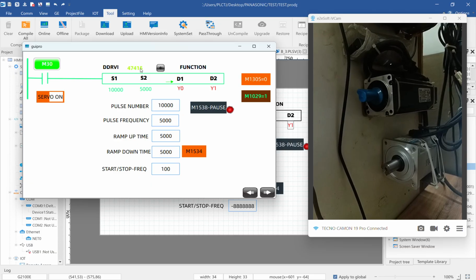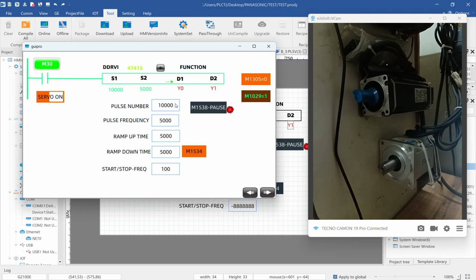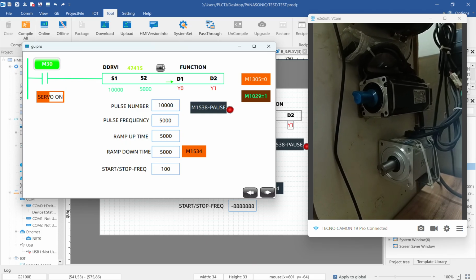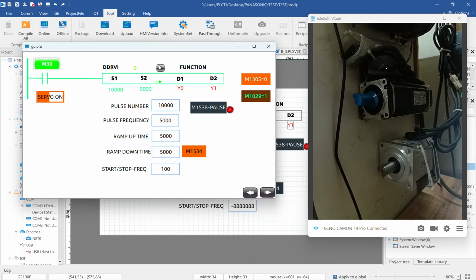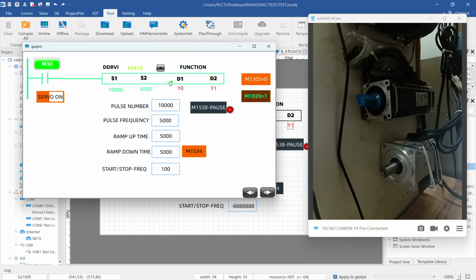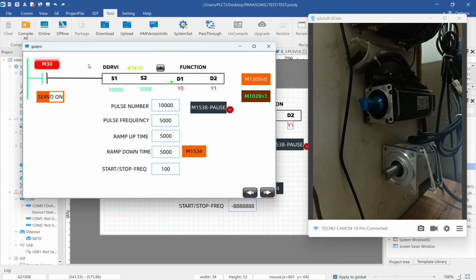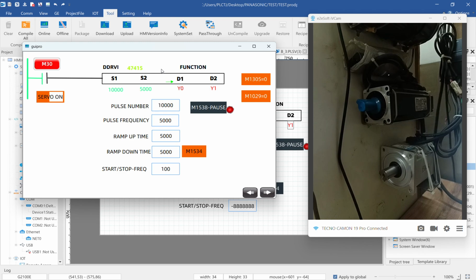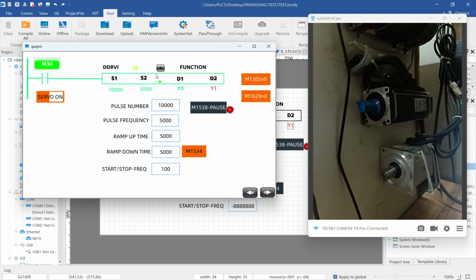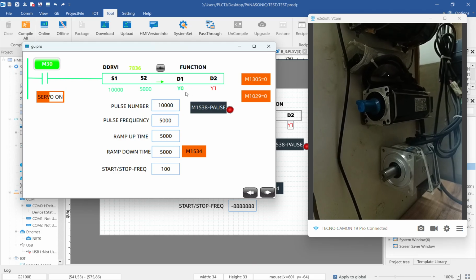Important here, this is our position, so relative position. I can make this 0, no problem. You can see it also here when it's moving. I cannot make it 0 now because it's on; only when it's off can I make 0. Now it's moving here.